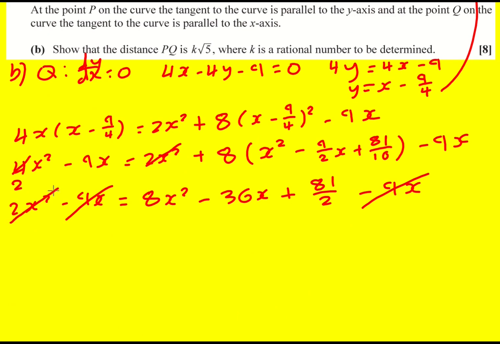I can cancel that out with that to leave me 6. I'm going to get 0 there. I'm going to need to times through by 2. So 12x squared minus 72x plus 81 is going to equal 0, but there's a common factor of 3 here. So divide through by 3.